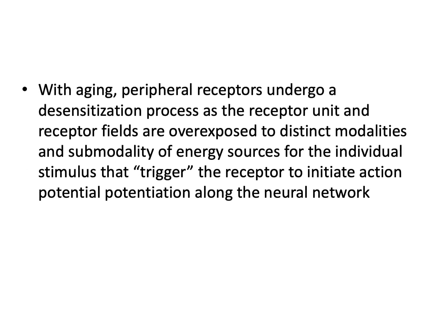As we age, we start to lose the functionality of the peripheral nerves and the peripheral neurons and the peripheral receptors, either through metabolic changes within the neurons or due to desensitization processes at the receptors, due to lifetime overexposure to modalities and submodalities within the receptor itself.